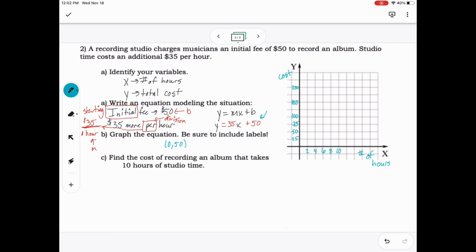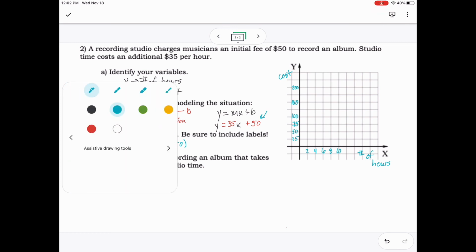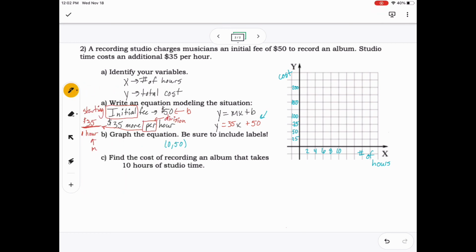So now I want to graph this first ordered pair. So (0, 50) would be right there. And label it. Okay, and then now I want to go up 35 to 1. Now this is going to be a little weird. So 35 up and 1 to the right.